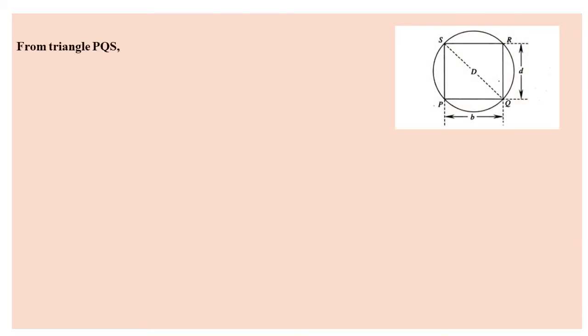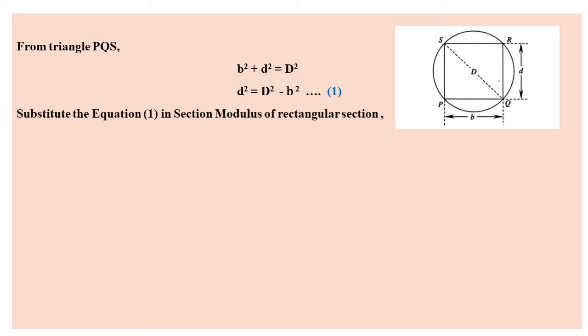From triangle PQS, B square plus d square equal to capital D square. B is breadth of the rectangular section, small d is depth of the rectangular section, capital D is diameter of the log. d square equal to capital D square minus B square. This is equation 1.